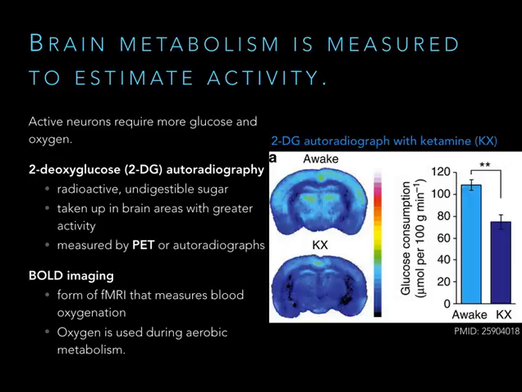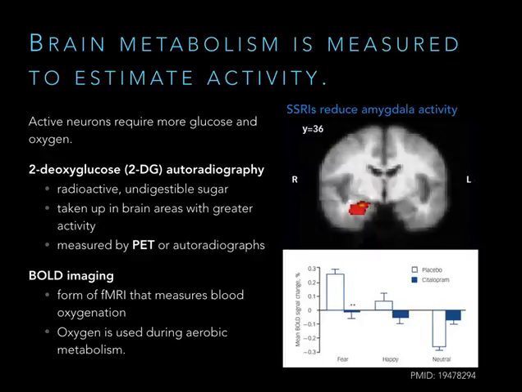Since we're going to be using up oxygen as we generate that ATP that we need to keep our neurons going, areas that are highly active are going to get a whole lot more blood flow and are going to be using a lot more oxygen, and we can detect this with BOLD imaging. And then we can estimate the degree of neuronal activity.